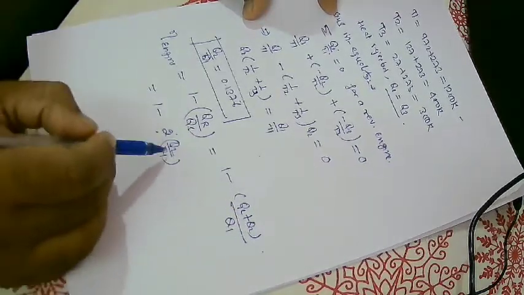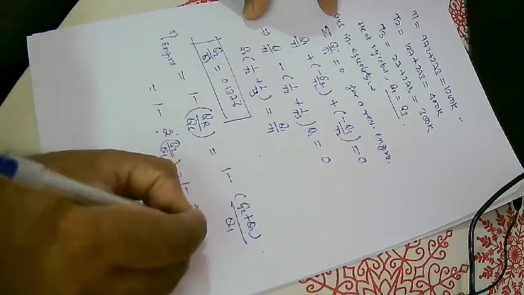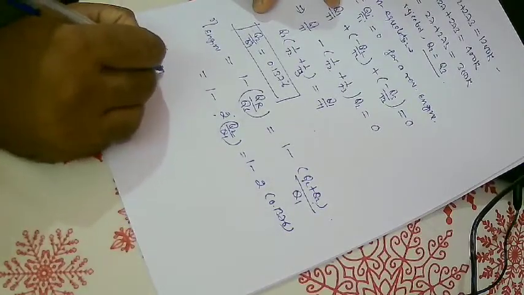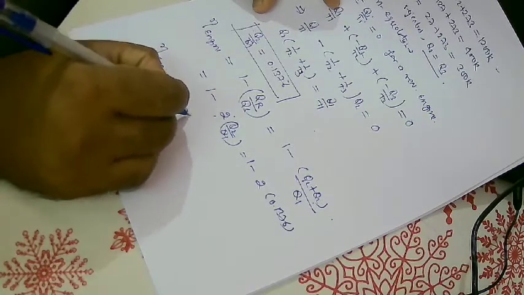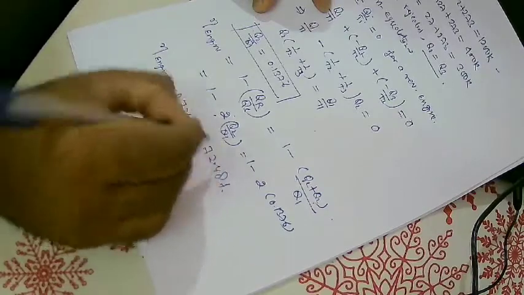Q2 by Q1 I know, so just substitute the value, 1 minus 2 times 0.1376, right? So if I solve this, I can get the efficiency of the engine is equal to 0.7248 or 72.48 percent.